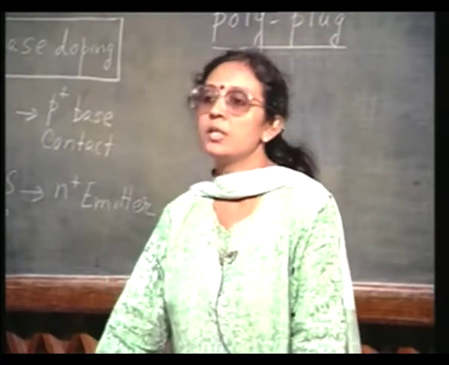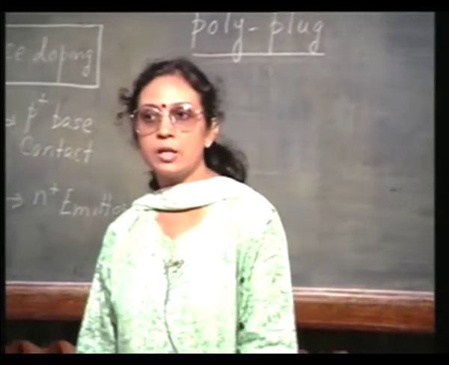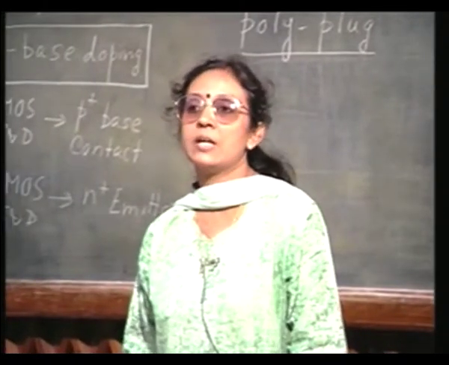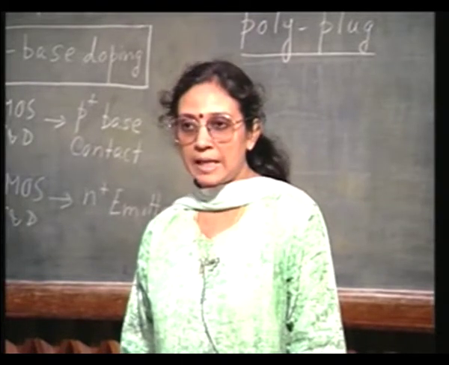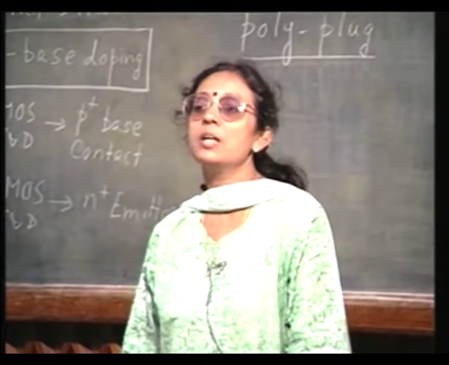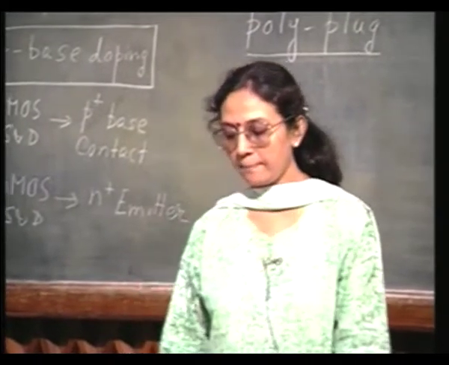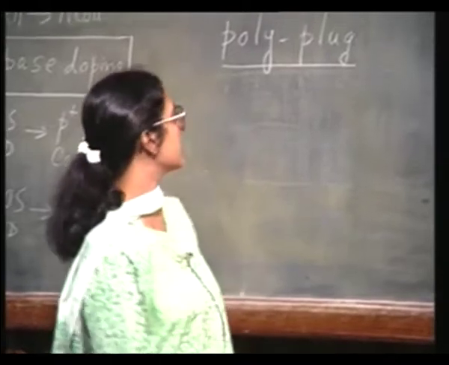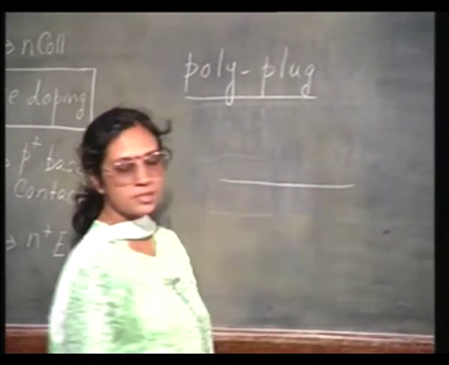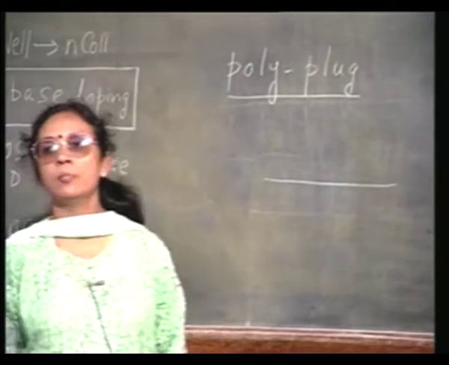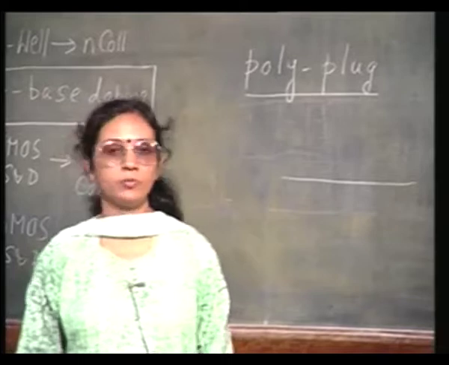Now, suppose you have a trench etched and fill it up not with undoped poly, but with heavily doped poly, then what you have is called a poly plug, right. So, you see essentially what you have here is, I am just expanding the bottom of the N-well.